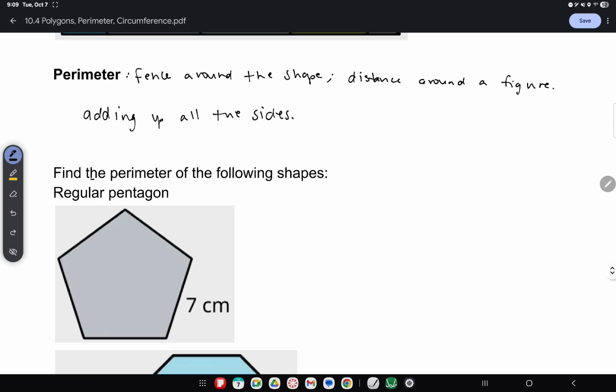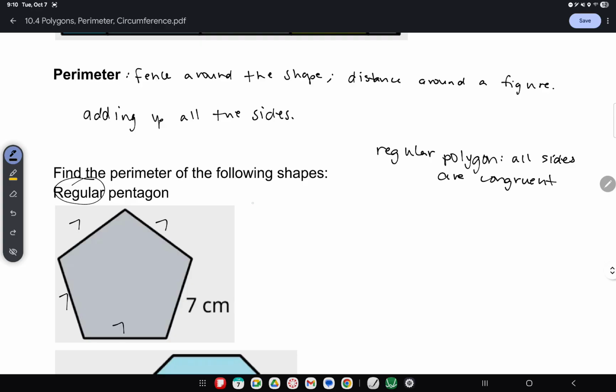So something particular about regular figures, and I'll even write that out here. Regular polygon. That means that all sides are congruent or the same. So I have a regular pentagon here, and one of the sides is 7, so that means all of the sides are 7.